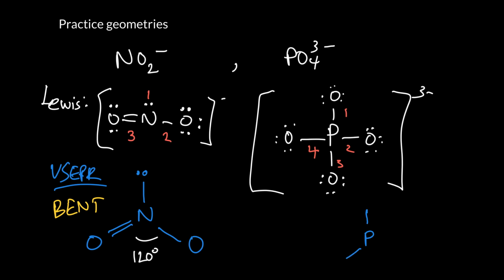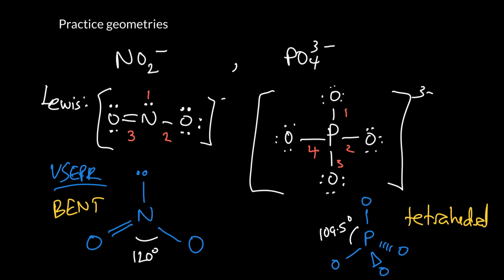So remember, the lines for the ones that are in the plane, the wedge for the ones coming out, the dashes for the ones going behind, and it's going to look something like that. That angle is going to be, all of them are going to be 109.5 degrees, and the name of that geometry is tetrahedral.